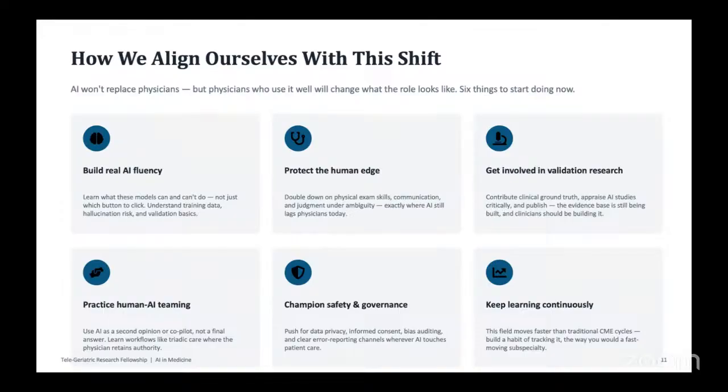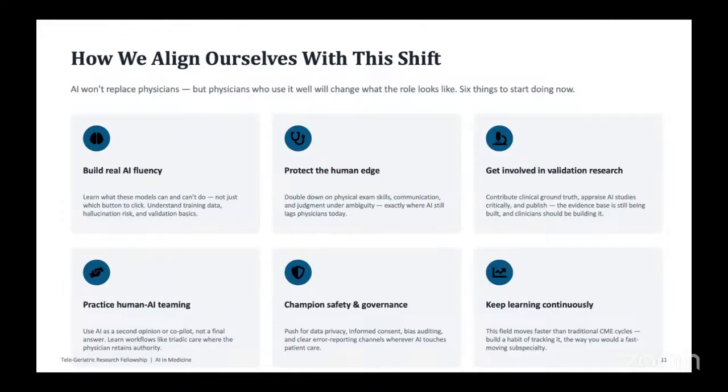Four, practice human-AI teaming. Use AI as a second opinion or co-pilot, never as the final answer, and get comfortable with workflows like the triadic care model where the physician retains authority. Five, champion safety and governance.